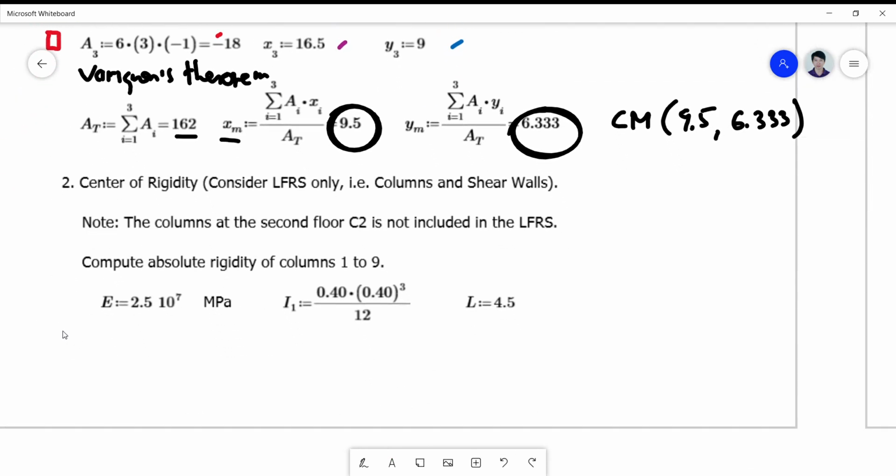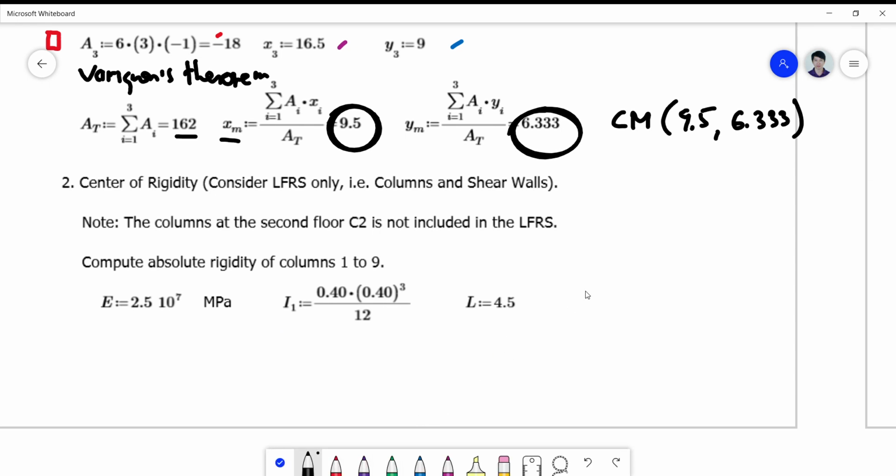Okay, for the center of rigidity, we only consider, of course, the lateral force resisting elements or system, only the columns and the shear wall. So the columns at the second floor, of course, C2 is not included because it's not part of the LFRS.